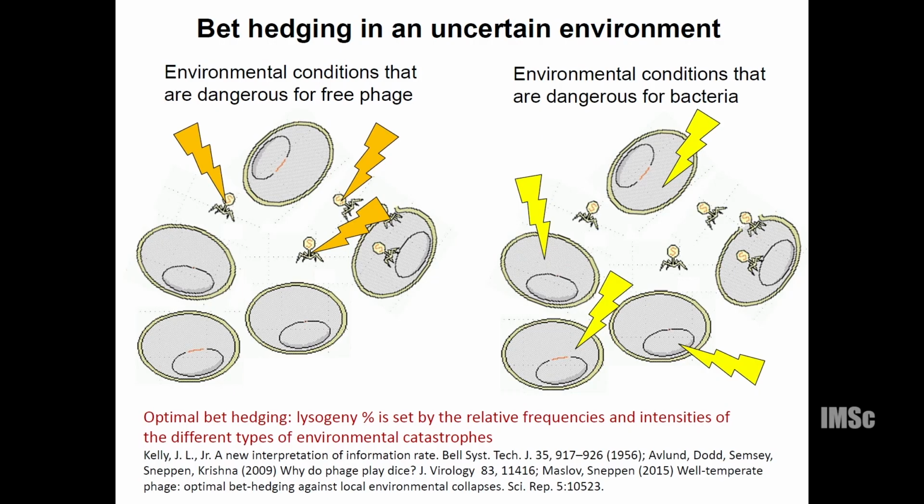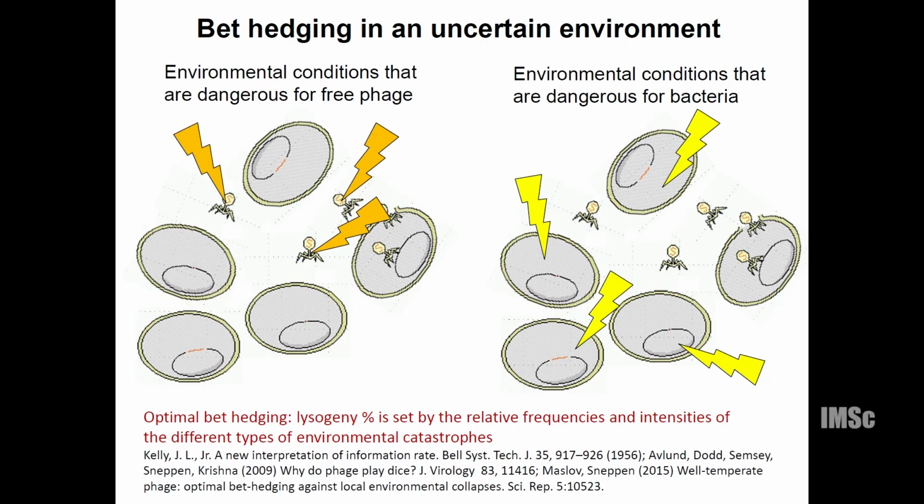On the other hand, there are known to be other conditions where a bacterium is well insulated, not going to die. Any virus genome that's inside a bacterium is quite safe, but viruses that are outside will die. So both kinds of environmental conditions exist, and in a way this is like bet hedging.